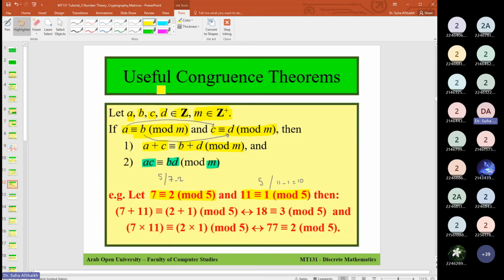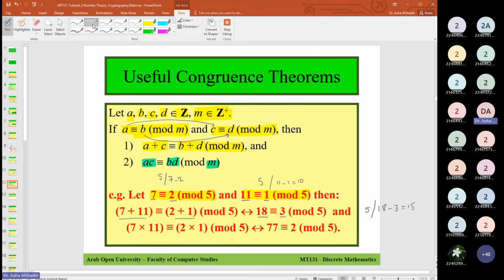So according to the theorem that we have there, if I add 7 with 11 and 2 with 1, they must be congruent modulo 5, and this is correct. 7 plus 11 is 18, 2 plus 1 is 3, and they are congruent modulo 5 because 5 is dividing 18 minus 3, which is 15.